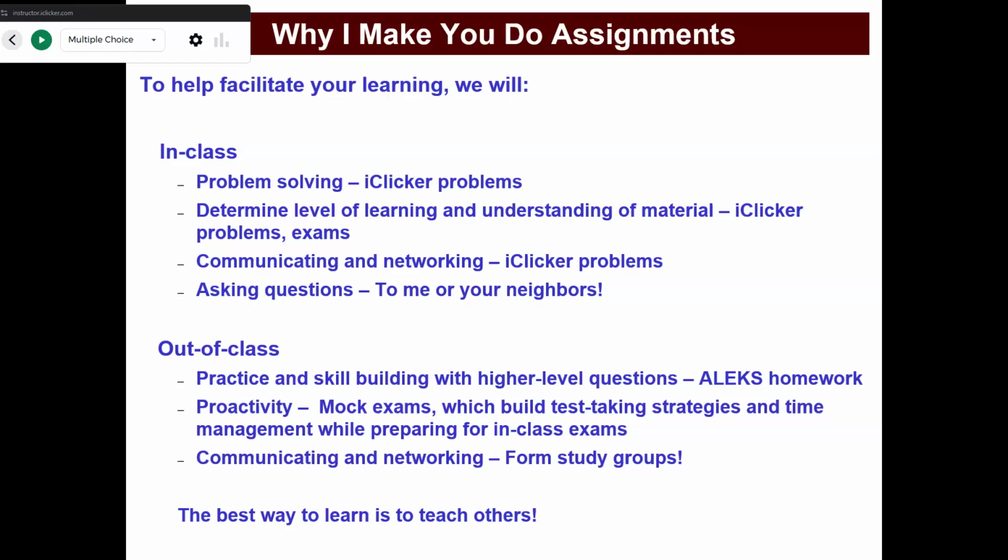And then again, outside of class, you can network and communicate with your classmates. I think forming study groups is really helpful. And I do have a study plan assignment in a couple weeks that we will go over, and that will help you form study groups if you are a little shy and don't want to necessarily talk to your classmates right now. I will help you with that.